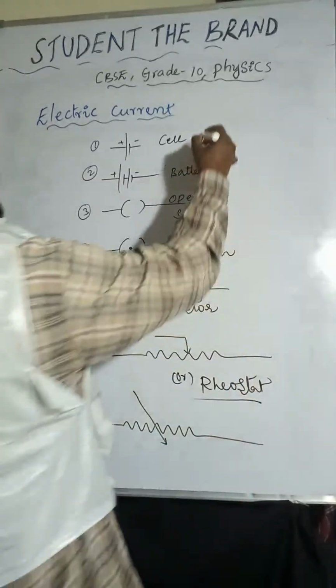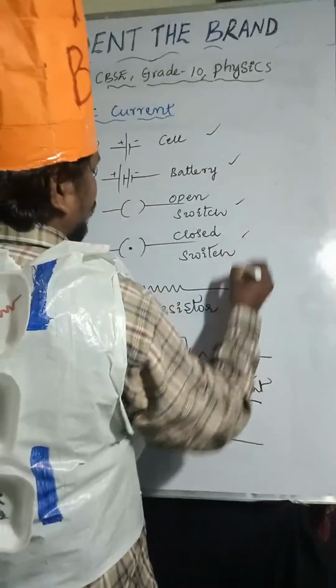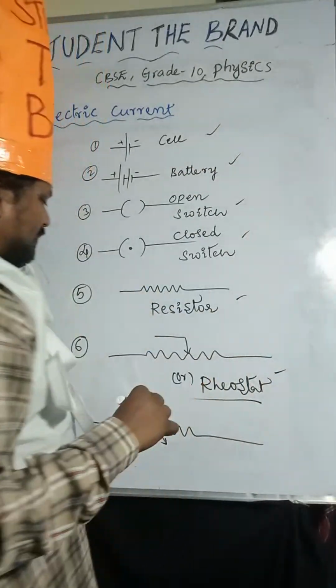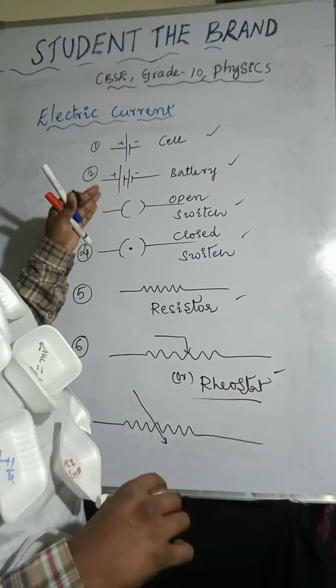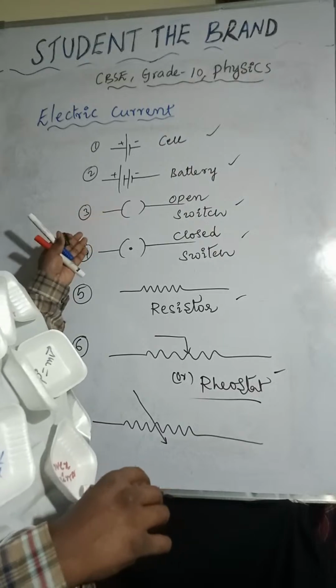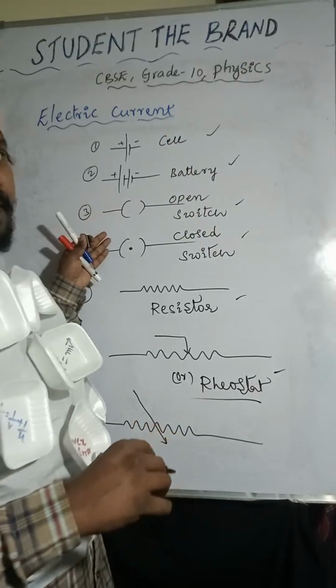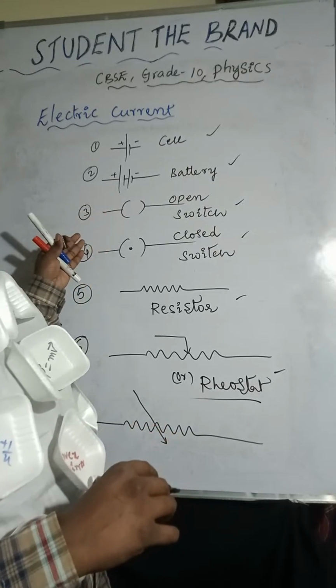Cell, battery, open switch, closed switch, resistor, rheostat. So when the switch is connected in the circuit, automatically it will be an open circuit. When it is connected like this one in the circuit, it will be a closed circuit.